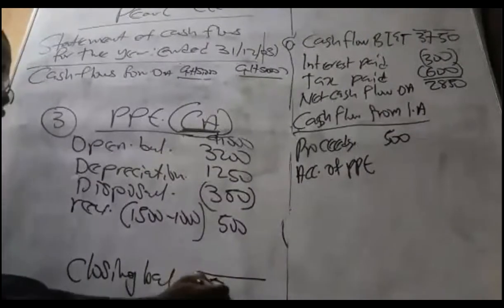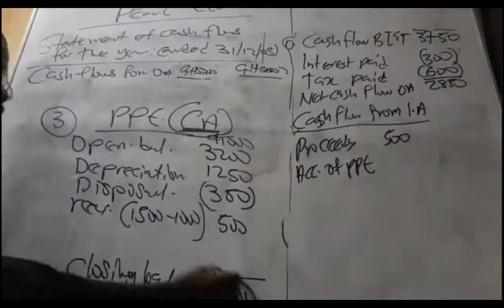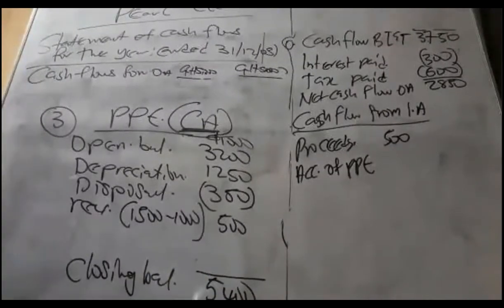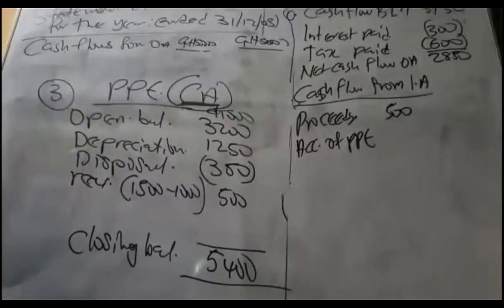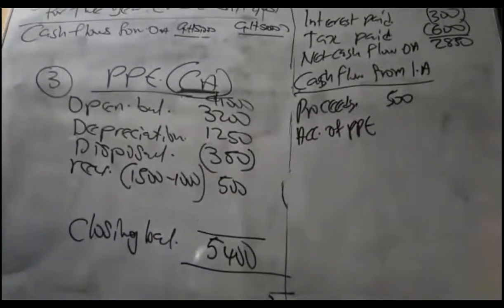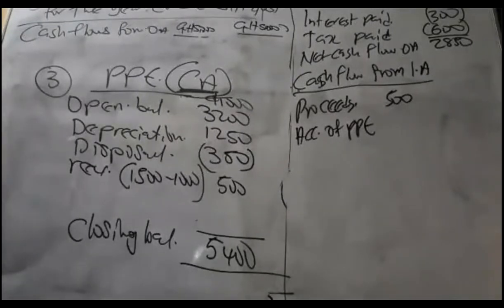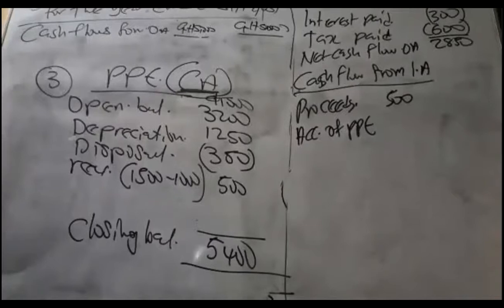So now you balance it, you add all. If you go to the closing balance, the difference represents PP that is acquired during the year. If it's not equal, then the difference represents PP that is acquired during the year.